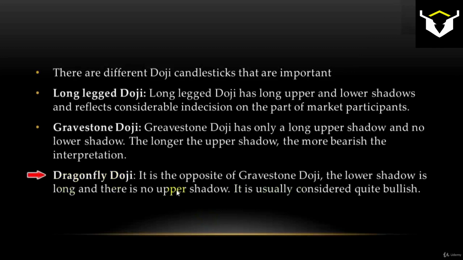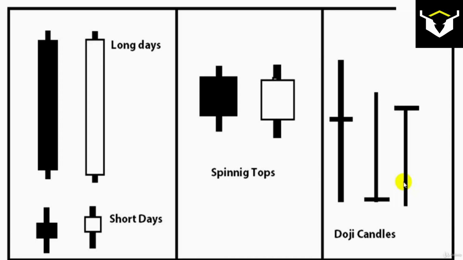Dragonfly doji. It is the opposite of gravestone doji. The lower shadow is long and there is no upper shadow. It is usually considered quite bullish. Third and last in doji candles is a dragonfly doji candle. It has a long lower shadow but fails to have any, or has a small or minimum, upper shadow and an unchanged body.